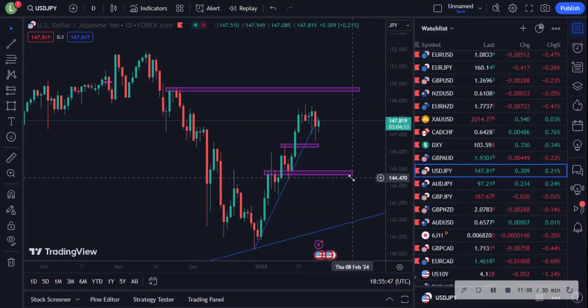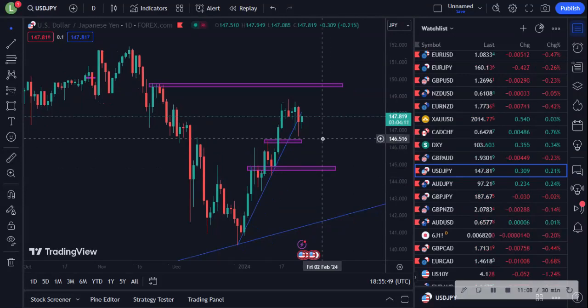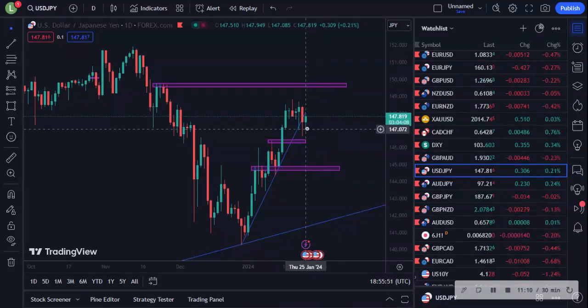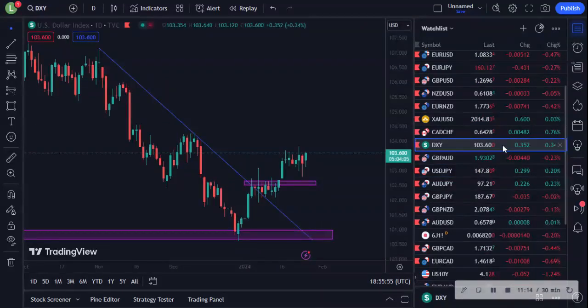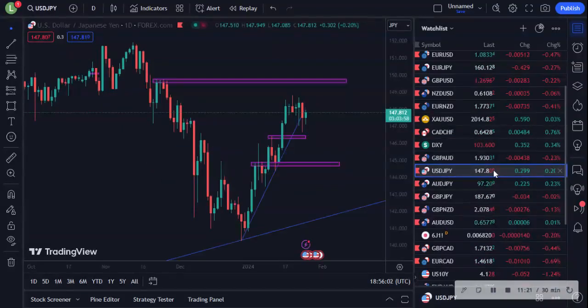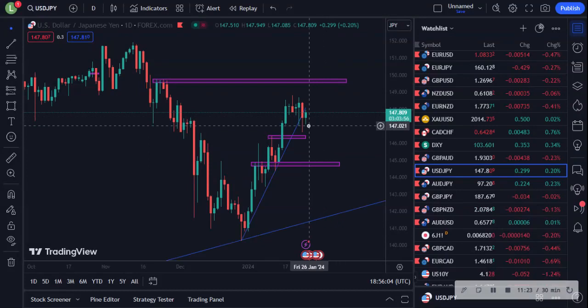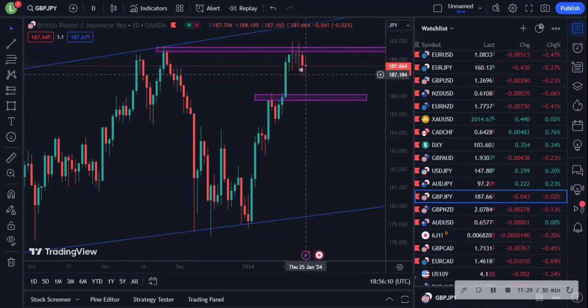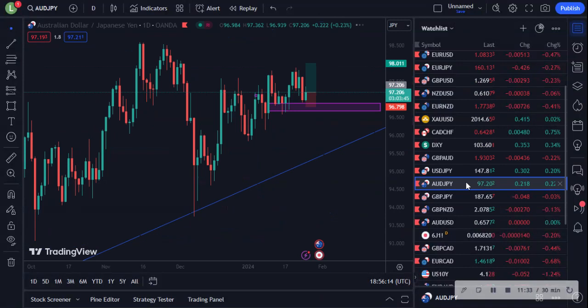Sometimes, like right now, USD JPY looks strongest out of them all, because right now the US dollar is stronger than currencies like the pound. So the USD is stronger against the yen, hence why it's got better looking buy candles compared to GBP JPY, which still has the bearish candle. But yeah, they all tend to move together.